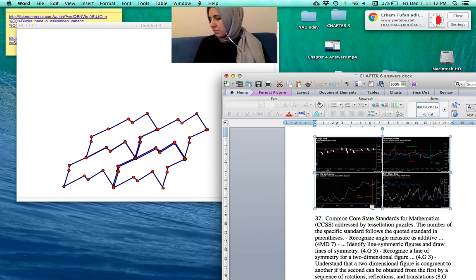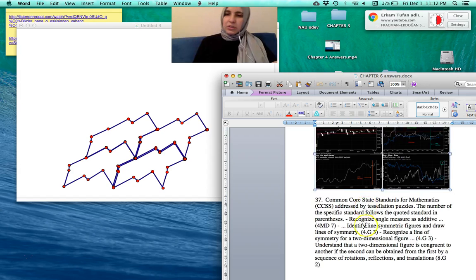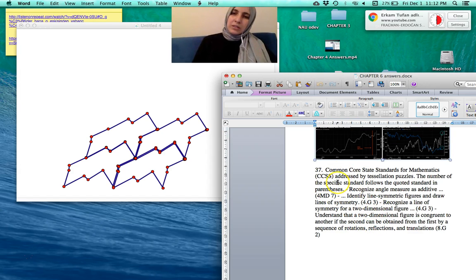and determine where and if you might introduce students to tessellation. The Common Core says that for mathematics addressed by tessellation puzzles, the number of the specific standard follows the quoted standard in parentheses. Recognize and measure angles as additive.